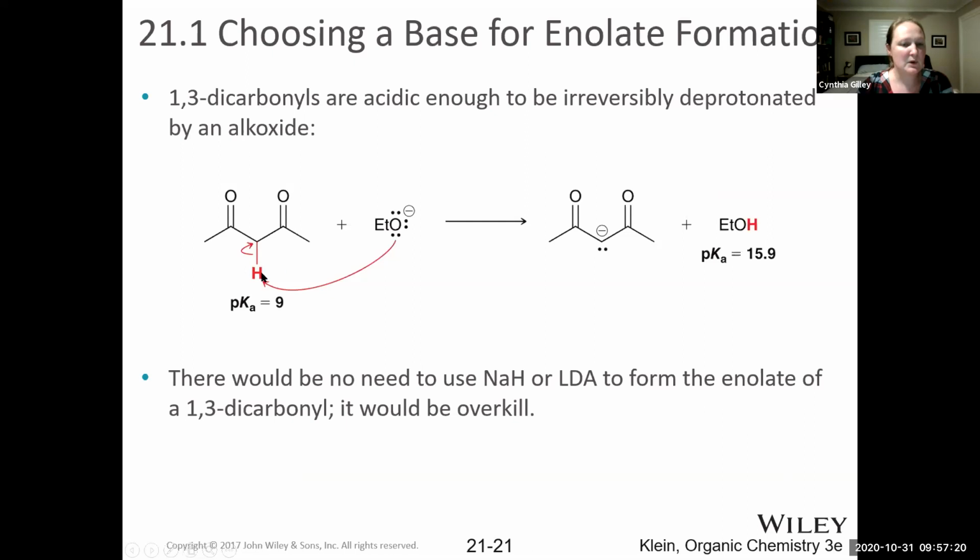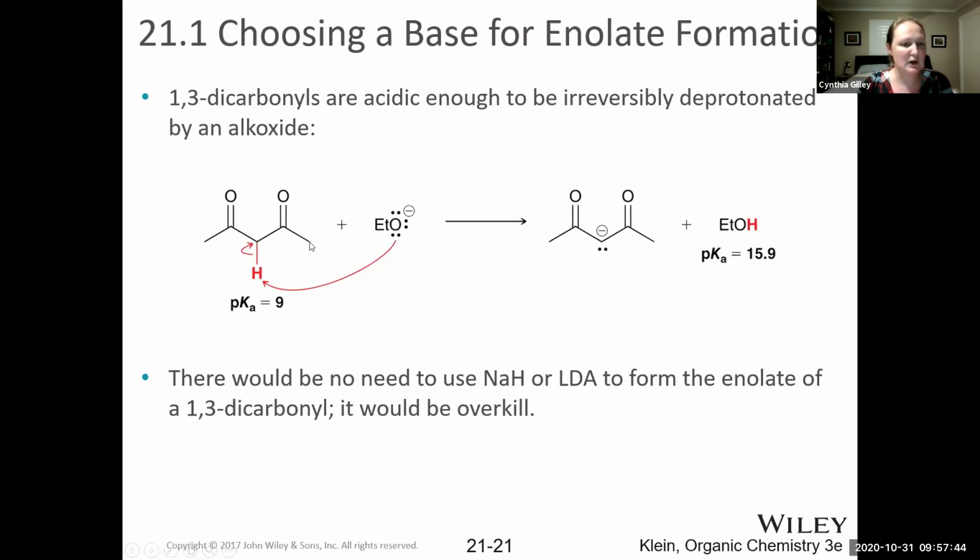Because these hydrogens are more acidic, sodium hydroxide, methoxide, or ethoxide is actually a strong enough base to almost completely and irreversibly deprotonate the alpha position, but not just any alpha position. Recall that the alpha position that has the hydrogens that are most acidic are the ones interior to two carbonyls.